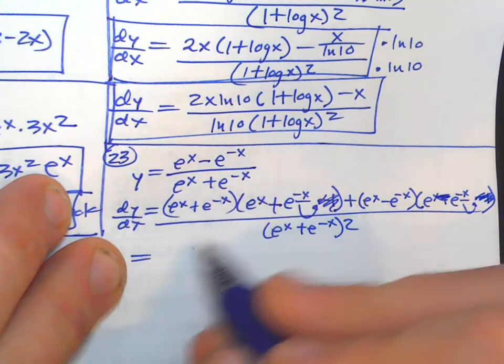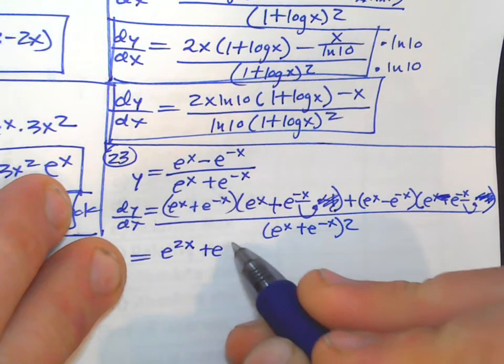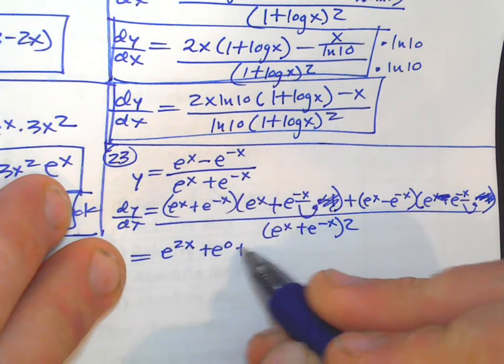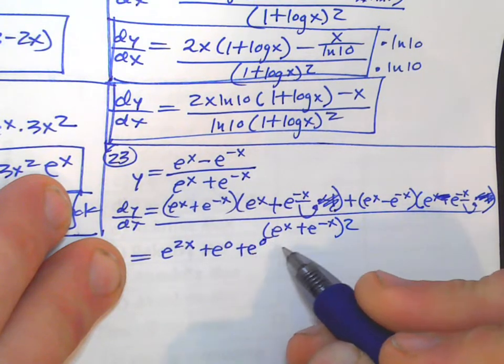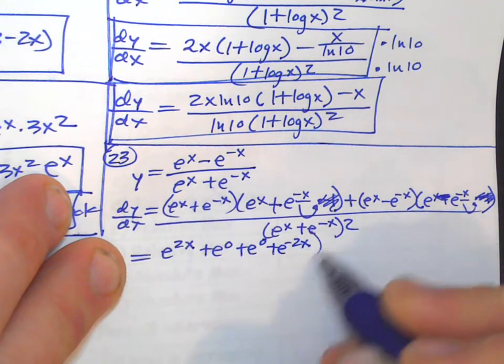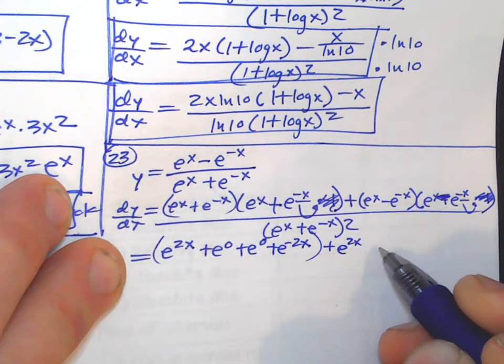So it's going to be e to the x times e to the x is e to the 2x, plus e to the x times e to the negative x. You add their exponents, plus e to the 0, which is not 0, it's 1, plus e to the negative 2x. So that's the whole first one, plus e to the 2x.